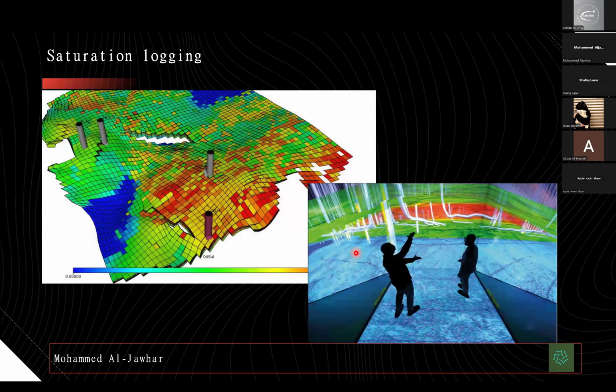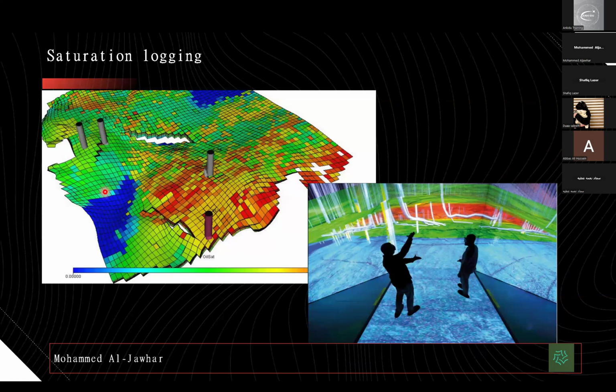So the saturation log is one of the data provided to our software. From this data, we can build a good example of our simulation model, and think where we can have horizontal wells, where we have vertical wells, why we have vertical, not horizontal, and where it is located in the field.